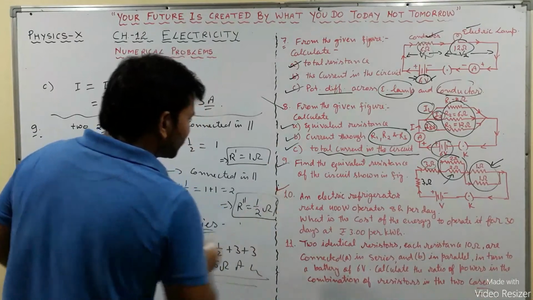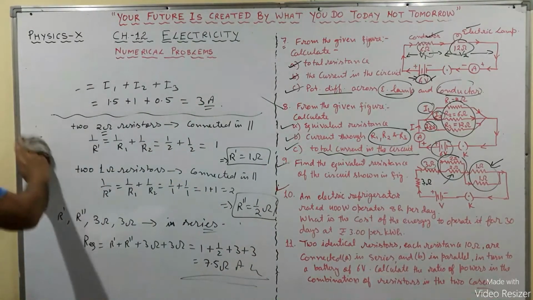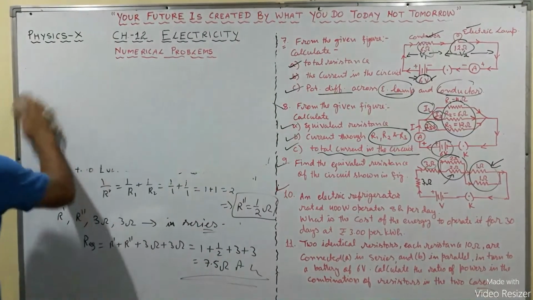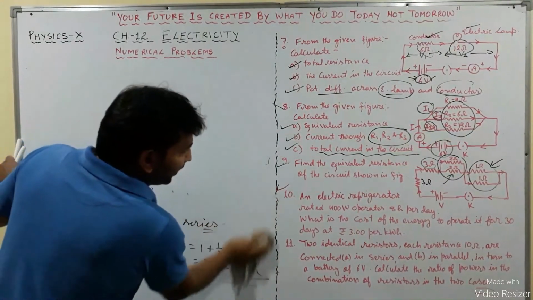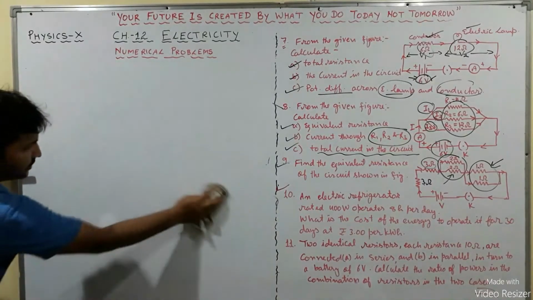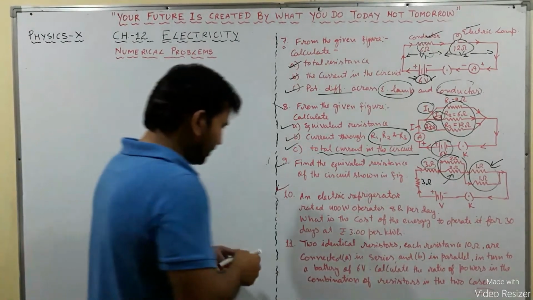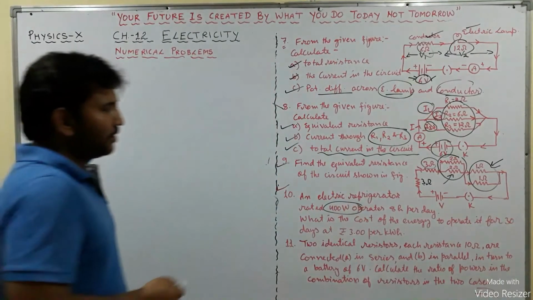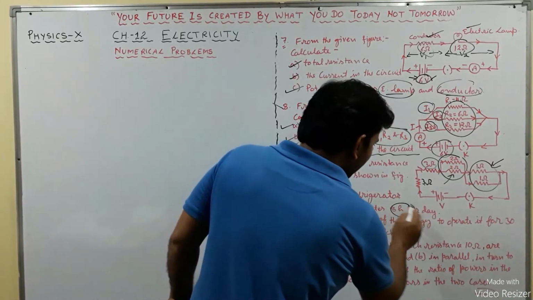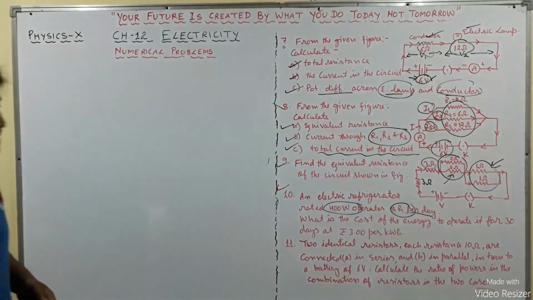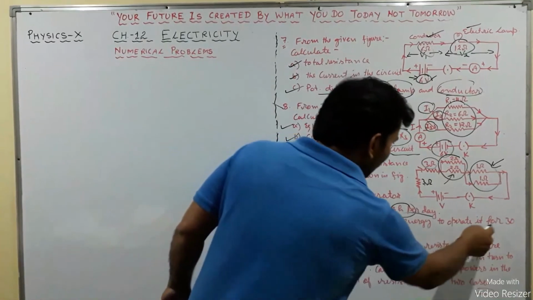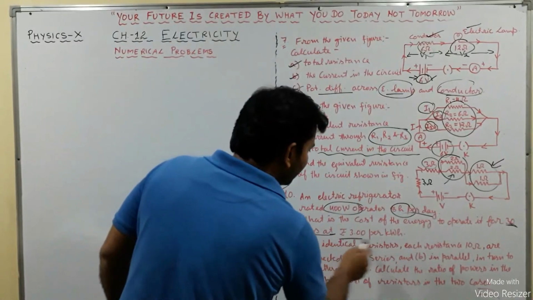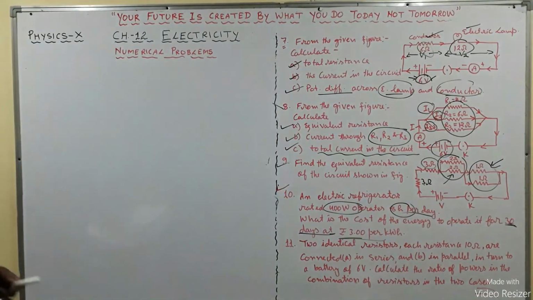Let us move on to question number 10. What is there in question number 10? An electric refrigerator of power 400 watt operates 8 hours per day. Then what is the cost of energy to operate for 30 days at the rate of 3 rupees per kilowatt hour?